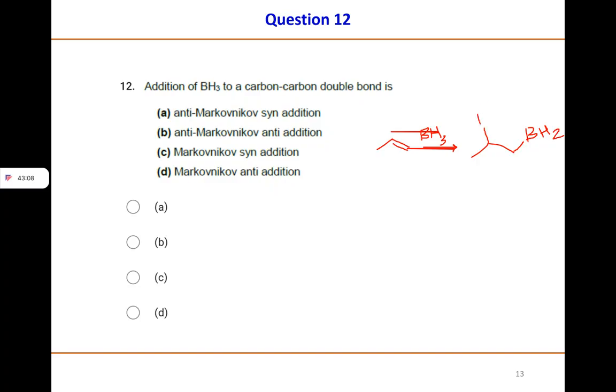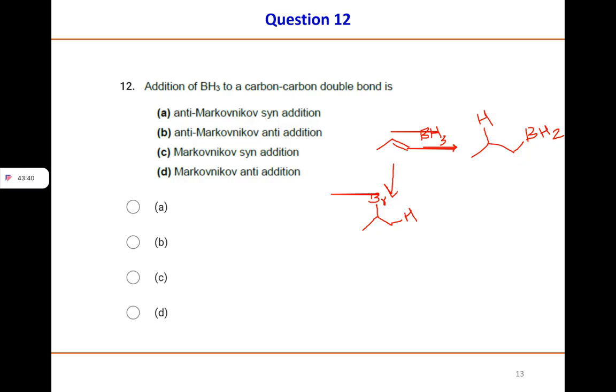Okay. So according to the Markovnikov rule, what happens when addition is taking place? Generally, the substitution is taking place on the internal carbon of the olefin, and hydrogen goes to the less substituted carbon atom.